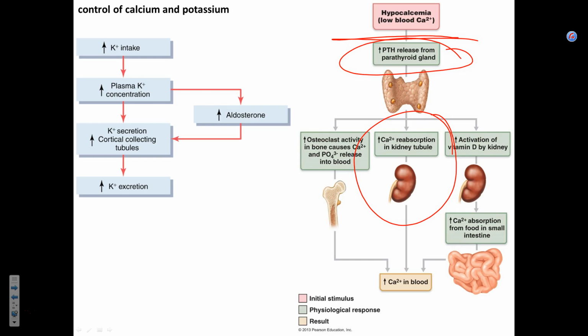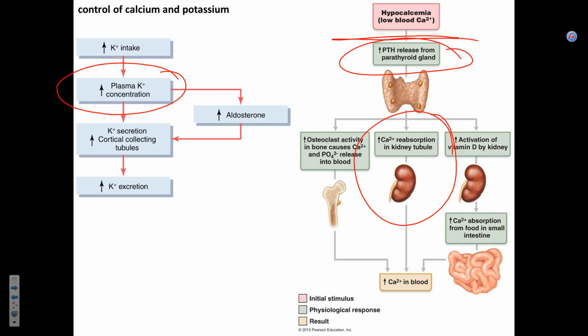Now, potassium. Did we talk about potassium? Yeah, we did talk about potassium and capital punishment. Okay, so potassium is really tightly regulated. Let me explain what happens in the potassium case. When you eat something with a lot of potassium, the plasma concentration of potassium goes up.